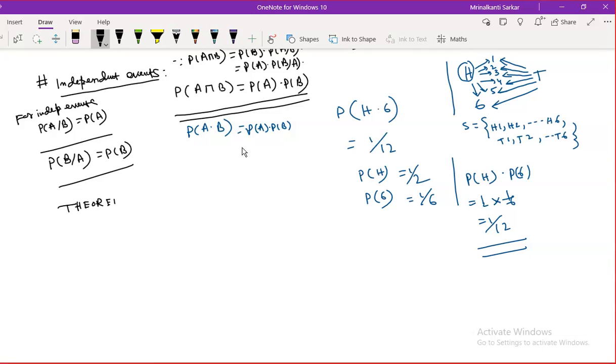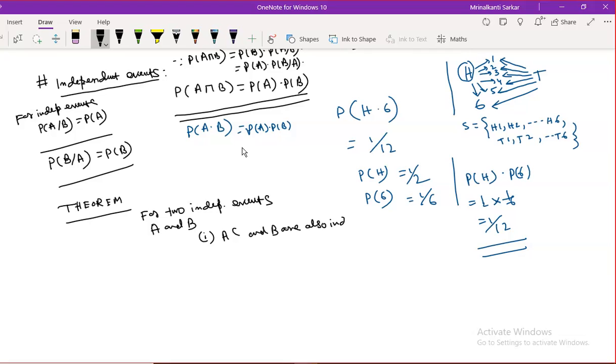Theorem: for two independent events A and B, A complement and B are also independent.